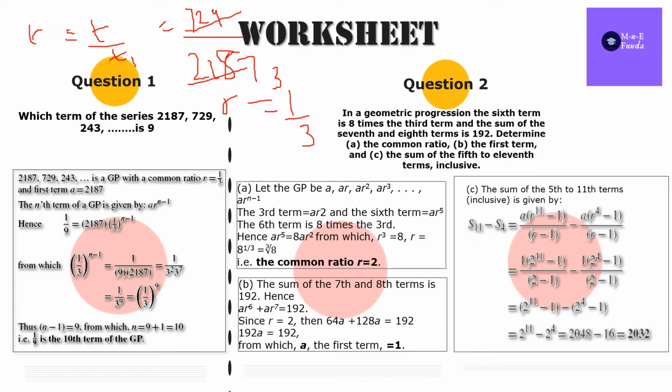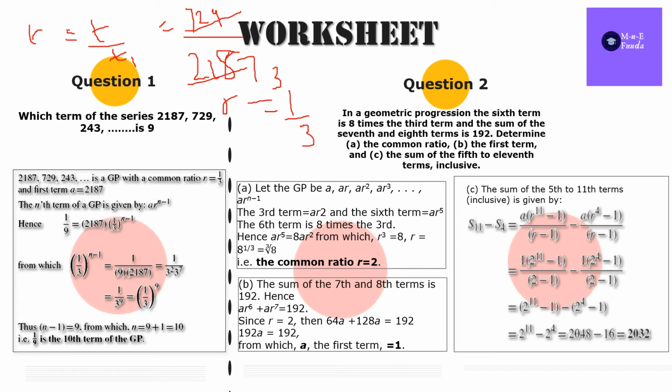Now look at the second example. In a geometric progression, the sixth term is 8 times the third term, and the sum of the seventh and eighth terms is 192. Determine the common ratio, the first term, and the sum of the fifth to 11th terms inclusive.